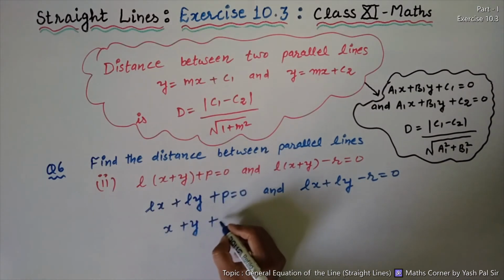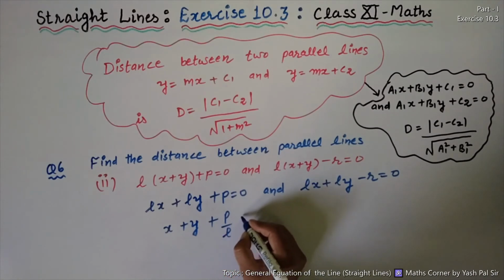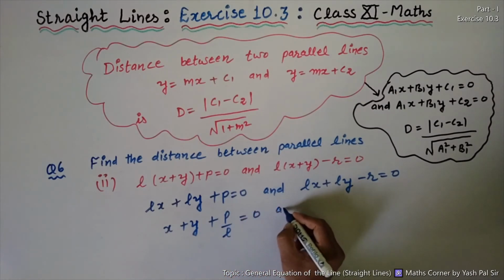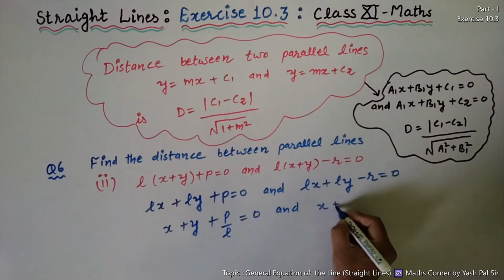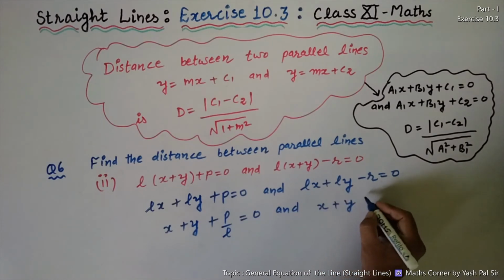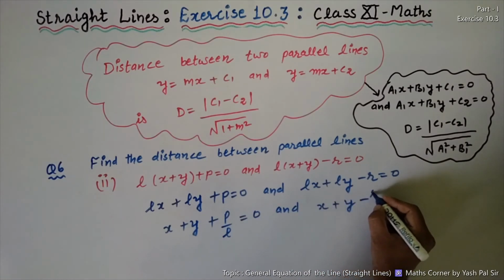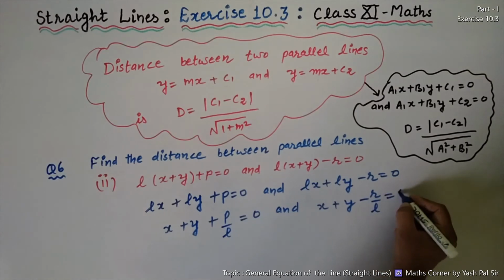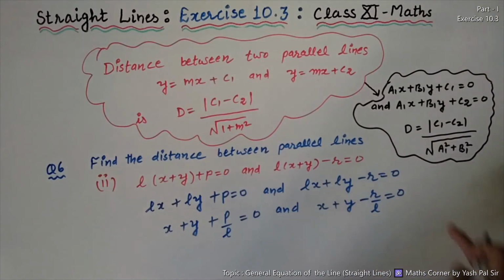Moreover, we can divide by L. So we have x plus y plus p upon L is equal to 0 and x plus y minus r upon L is equal to 0.